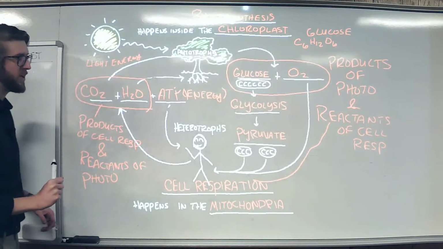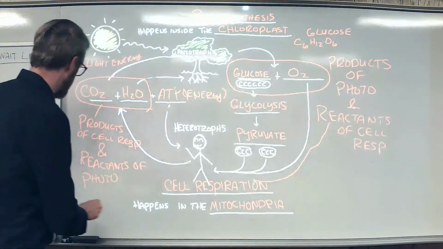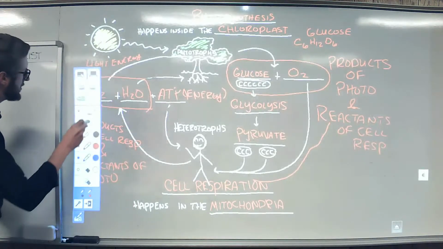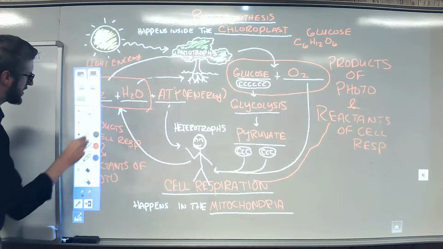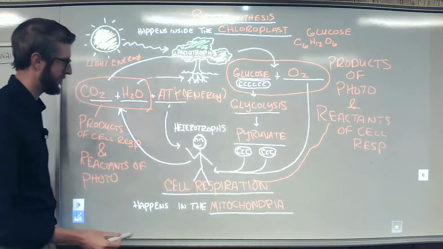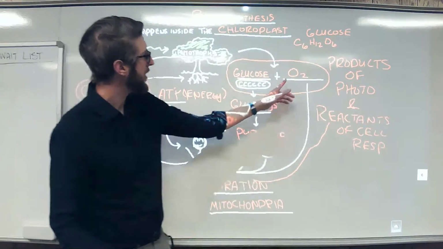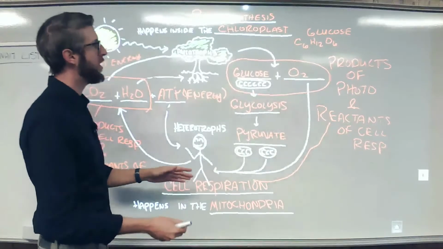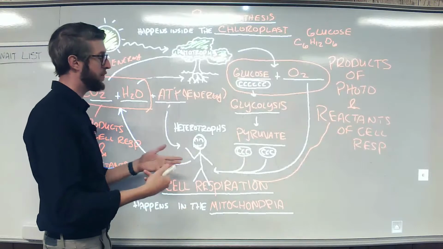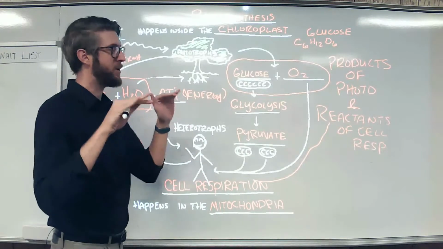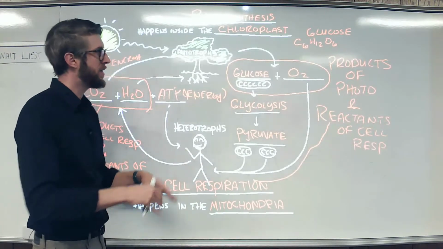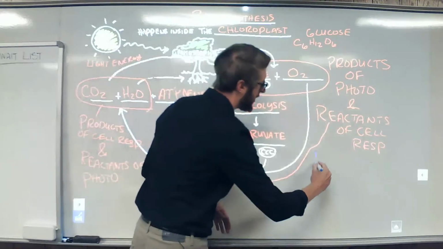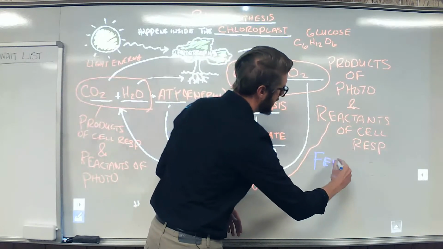And there's one other thing that I need to tell you about, and it won't take long, and it's something called fermentation, okay? So you know how we take glucose and we combine it with oxygen? Well, that's called cell respiration, but sometimes our bodies might be low on oxygen. So when this happens, our bodies do this thing called fermentation.